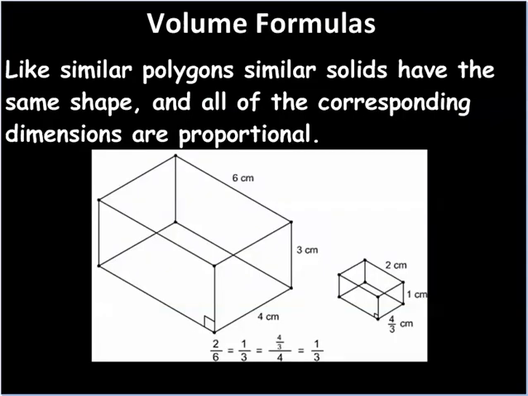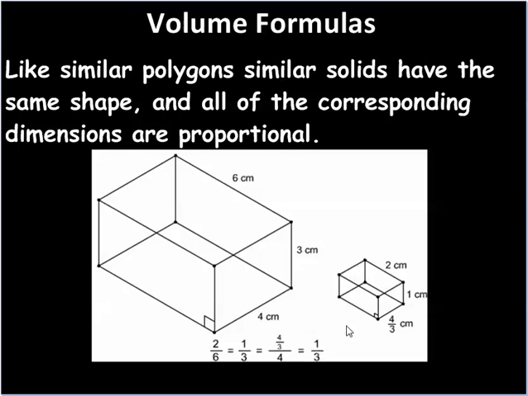Like similar polygons, similar solids have the same shape, and all of the corresponding dimensions are proportional. So here you have two similar rectangular prisms, and I always look at the smallest numbers. On the smallest prism, its height right here is 1 centimeter, and on the larger rectangular prism, that height is 3. So their scale factor is going to be 1/3, which is what they came up with right down here.